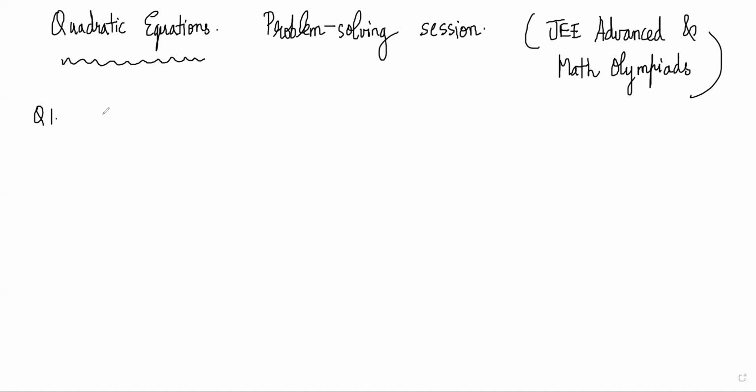This is question 1. It says let f of x be equal to ax squared minus bx plus c, where a, b, c are primes.